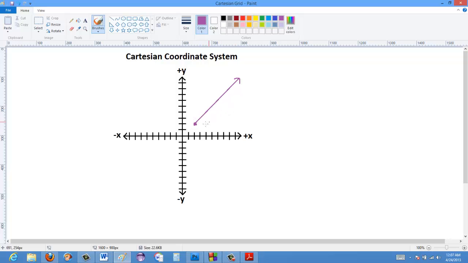What this little dot here means is that x starts here and y starts here. It also includes this point and moves off in this direction into infinity.